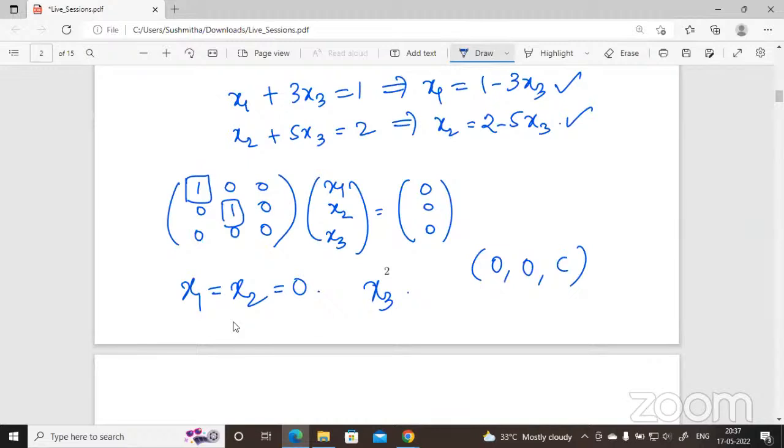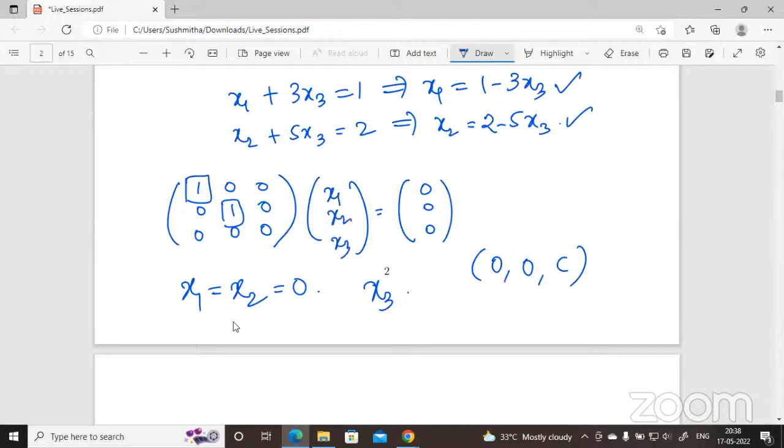Can I ask the next question? Ma'am, if we just multiply these two matrices, then will it become x1, x2, and 0 is equal to 0 0 0? No. You put, in the place of x1, x2, x3, you put 0, 0, something, and then you multiply, you will always get 0, 0, 0. Put that back again, x1, x2, x3, and do the multiplication.